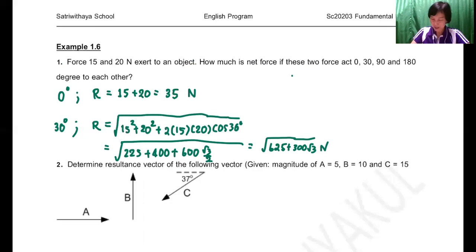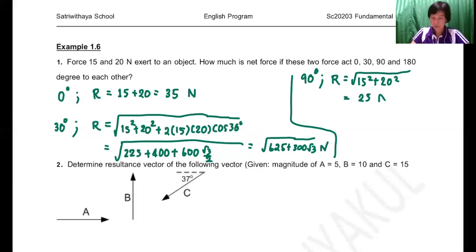When they act at an angle of 90 degrees, use the Pythagorean theorem. It equals square root of 15 squared plus 20 squared, or 25 Newton.